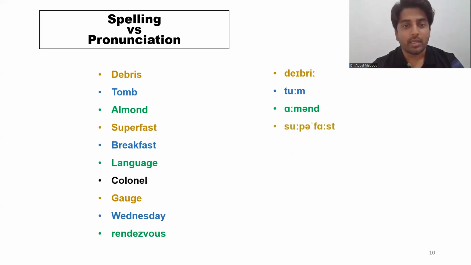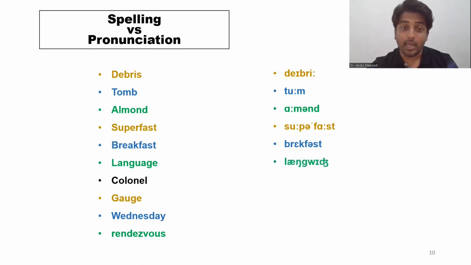The sound fast, F-A-S-T, is common to both, but in super fast it is fast, while in breakfast it is breakfast, not fast, right? So what we are reading by letters, we are not pronouncing. We see one thing and pronounce a different thing. And this is the problem with the English language.